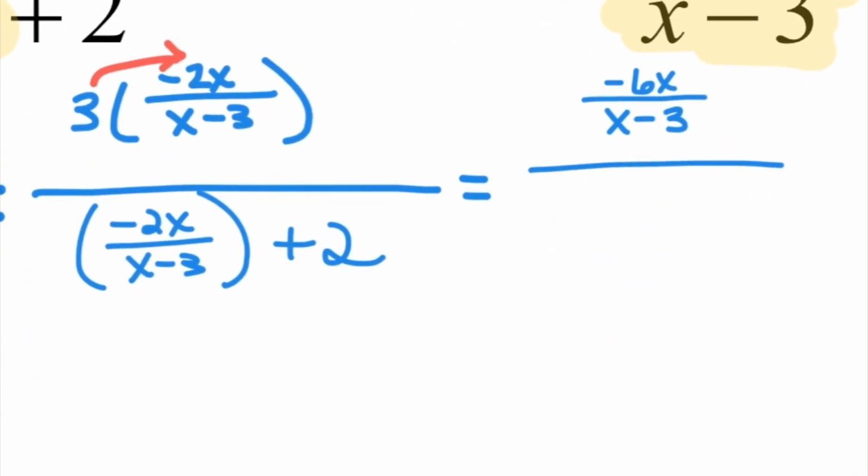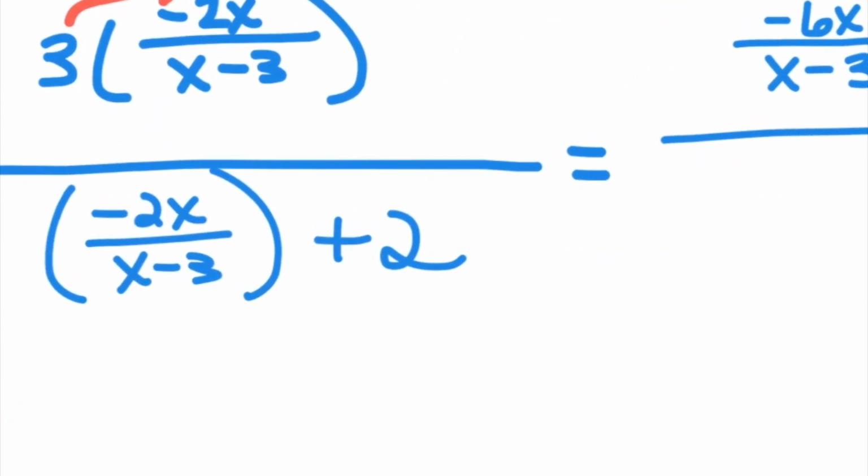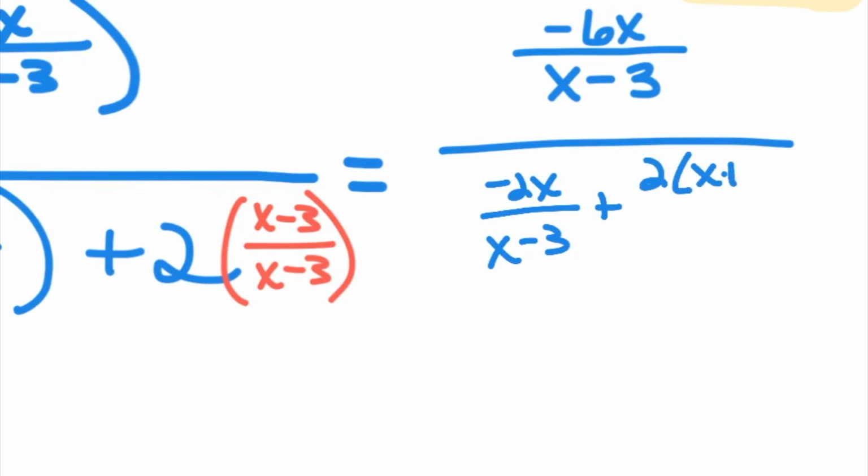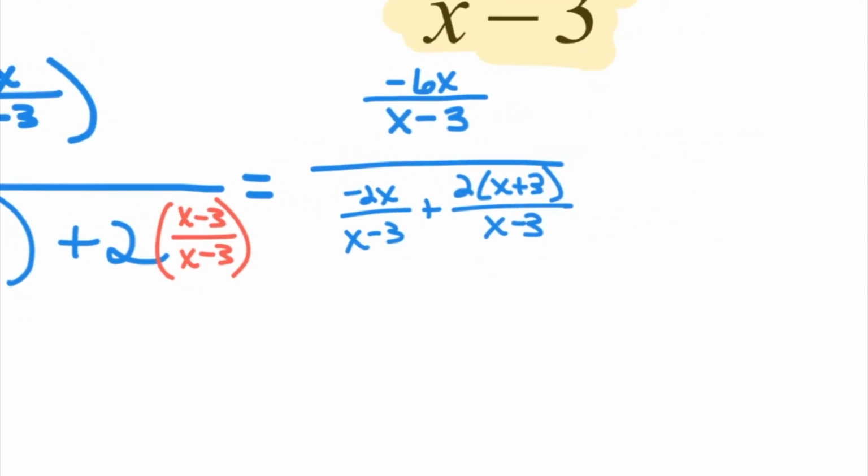And down here, I want common denominators, so I'm going to multiply this by x minus 3 over x minus 3. And so I've got minus 2x over x minus 3 plus 2 times x plus 3 over x minus 3.